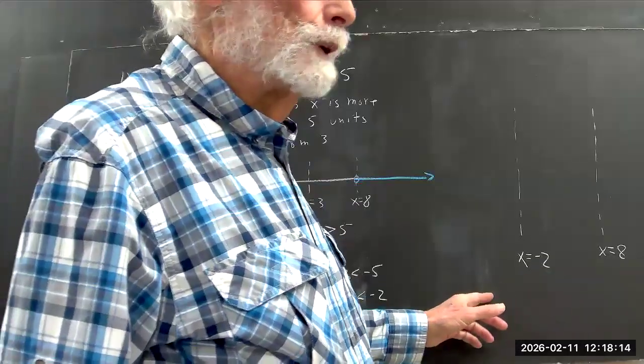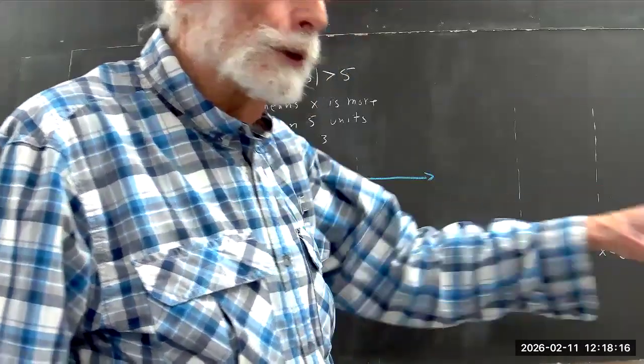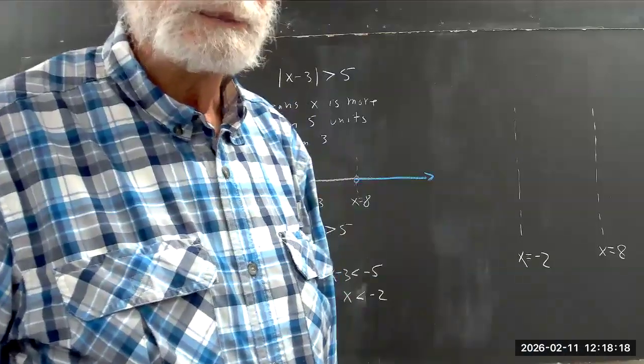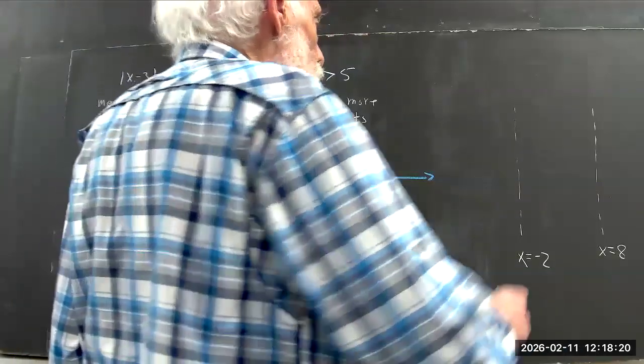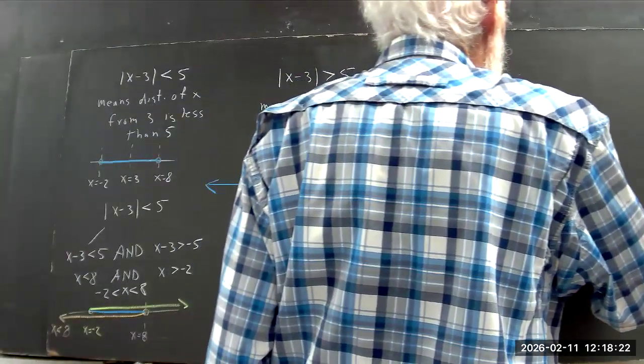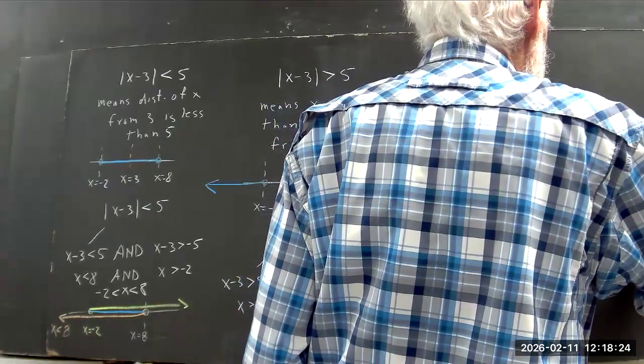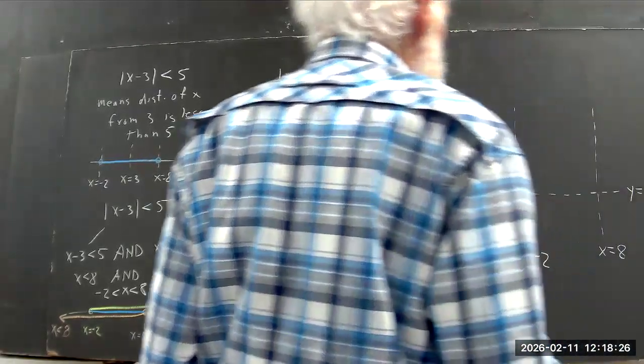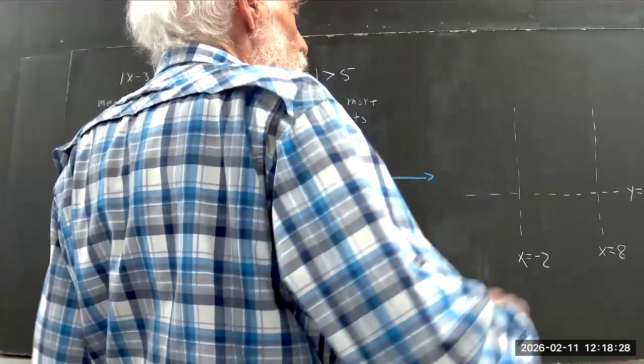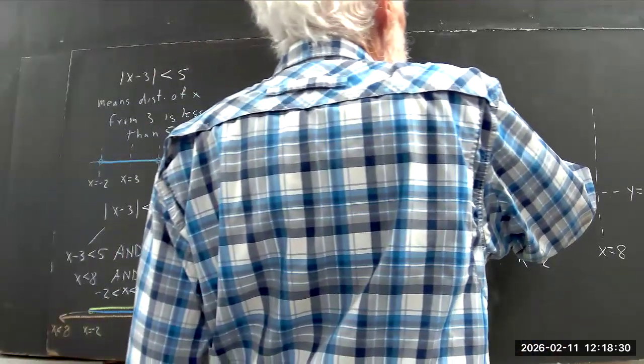And the -2 is going to be to the left of 8 because we consider right to be the positive direction. And I draw another line horizontal here for y equals 7. And then I want to draw a line for y equals 19.